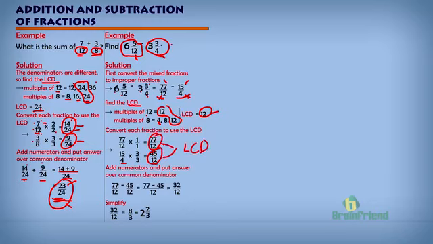Now we can easily carry out our subtraction. 77 minus 45 would give us 32, all over our common denominator, 12. 32 over 12 can be simplified to give us 8 over 3. 8 over 3 is our answer, but by convention in mathematics, we do not leave fractions as improper fractions for an answer.